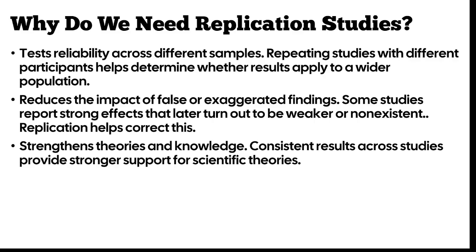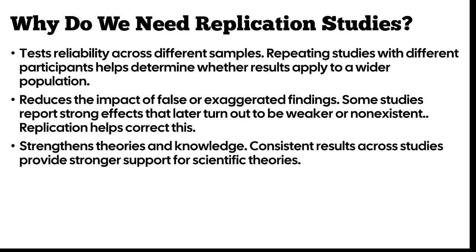Take, for instance, what if it was something unique to that sample that you picked? The only way I could really determine if that was unique to that original sample is to test it in a sample that is different from the original one, and that helps us get closer to that population. The more people we sample, the closer we get to that population.